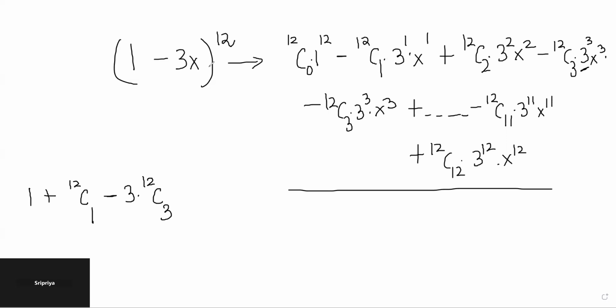So that means I should take square root of 3. But then you need 12c1 only without any x power something. I have a 3 cube here. And then when the next term was written, here it was a 3 square, 12c5. So the power of 3 has to be 2 less than the subscript.